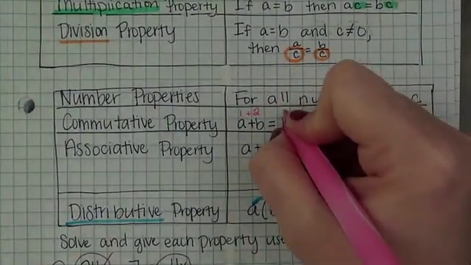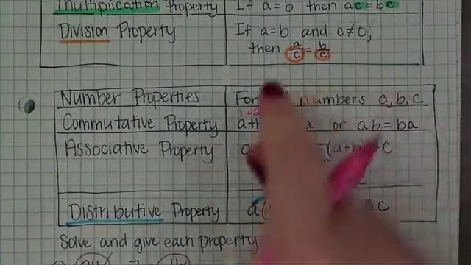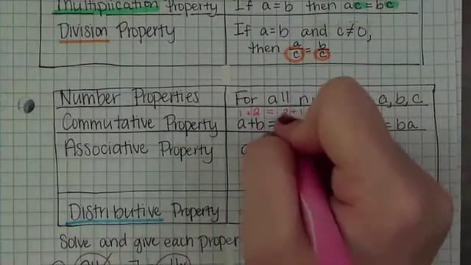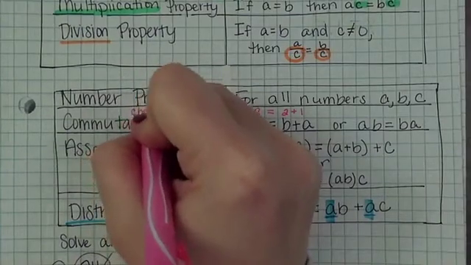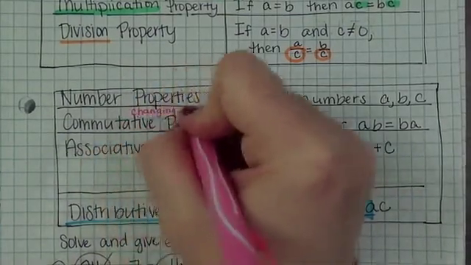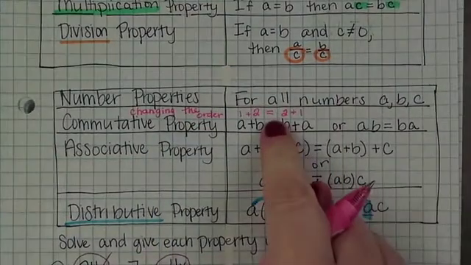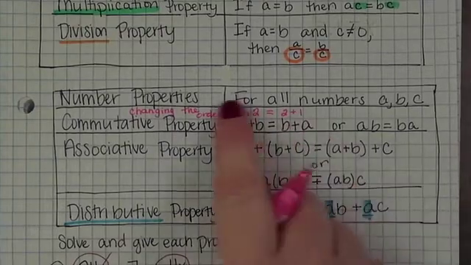Well, if I write that in the order of 2 plus 1, does it change the answer? So 1 plus 2 equals 2 plus 1. So commutative property is just changing the order.